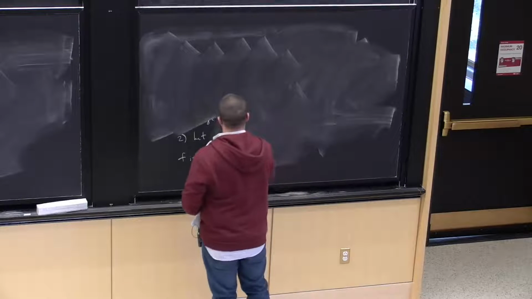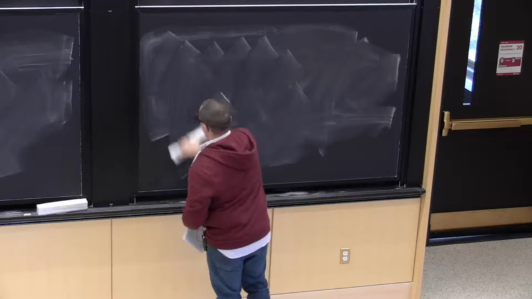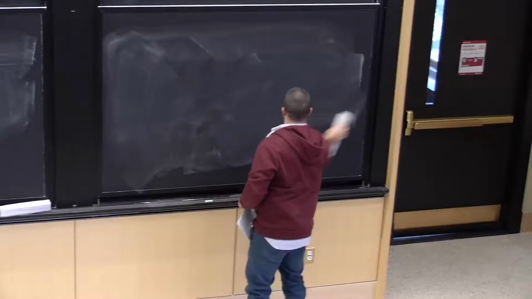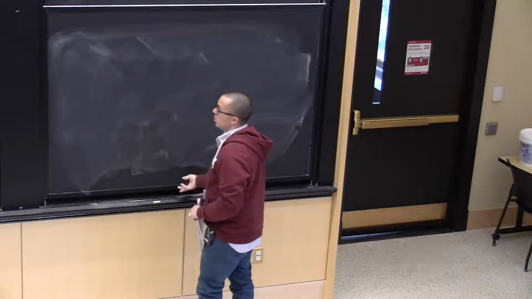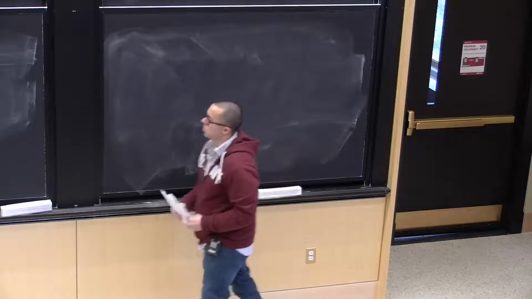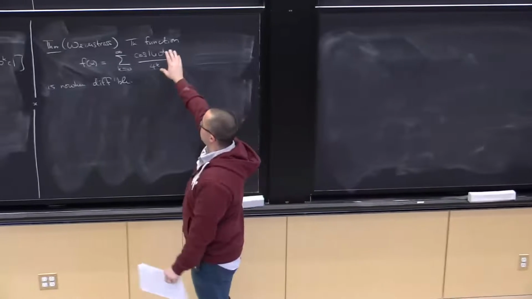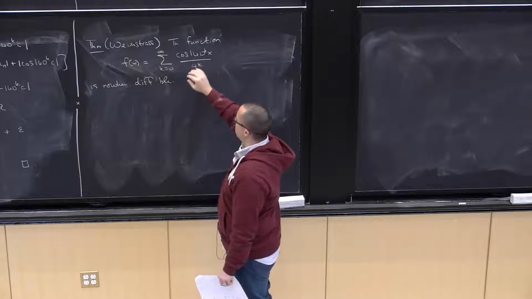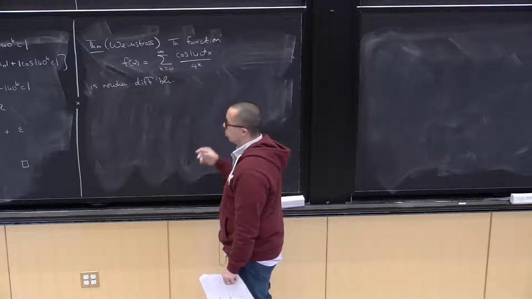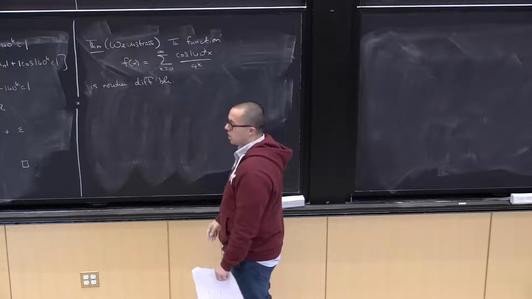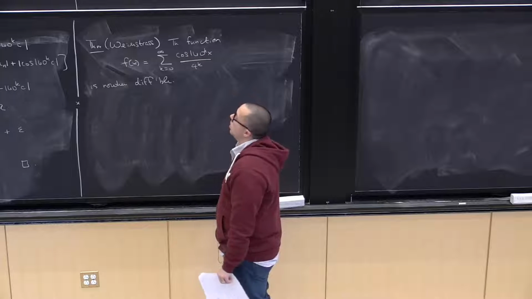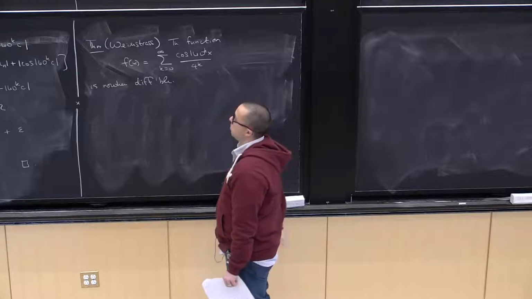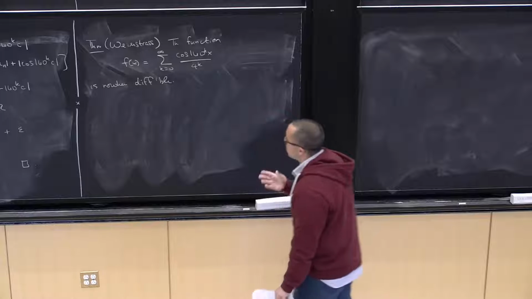All right, so let me re-summarize what we've done up to this point. We've shown that this function here is well defined, the series is always absolutely convergent, and therefore this function is bounded, and we also proved that it's continuous. Right? That was the previous theorem. So this function is bounded and continuous, and we're going to prove it's nowhere differentiable. And again, what's the idea?